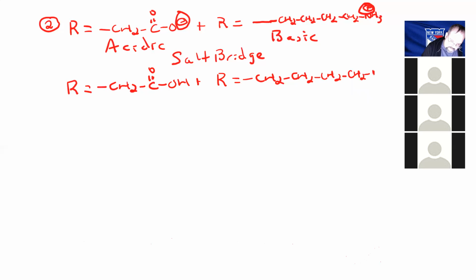So NH3. Okay. Now again, these are still acidic and basic amino acids, but in this case, you can't have a salt bridge.